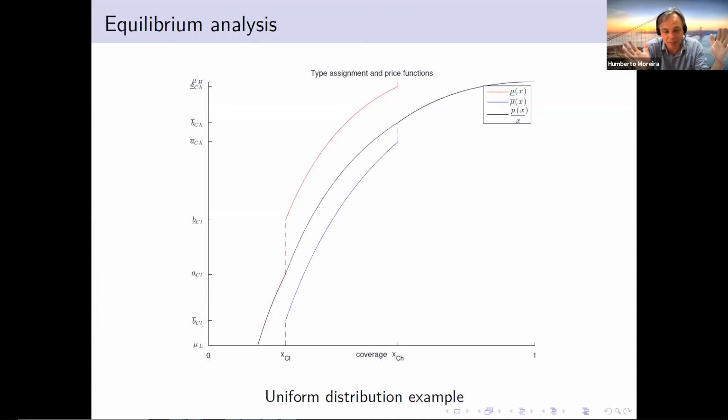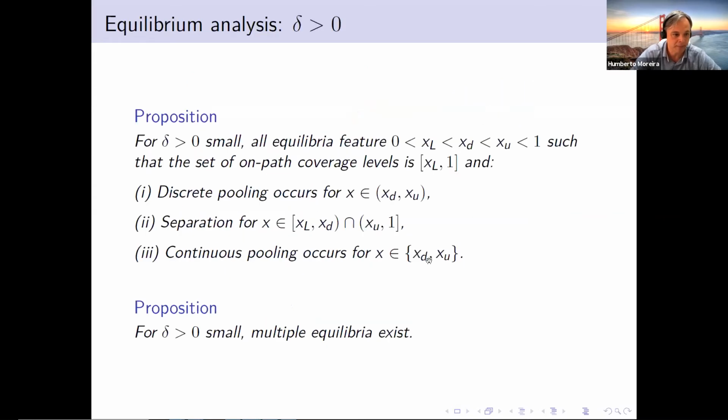And that is going to be important because this is the transmission from the one dimension to the multidimensional aspect of the model. It is through this discrete pooling region, which is the essential element of the equilibrium analysis.